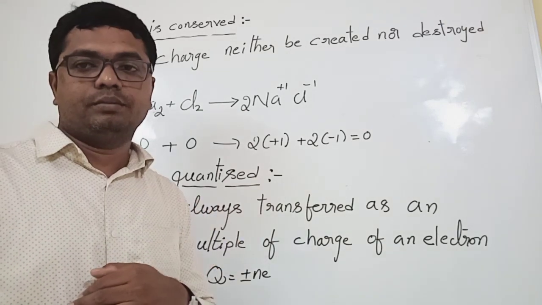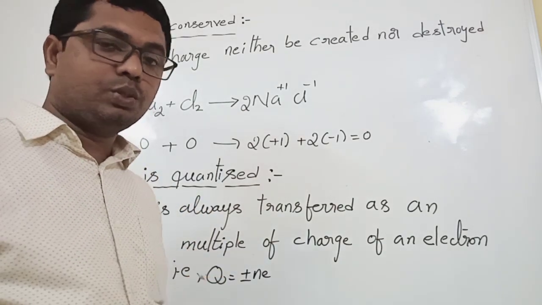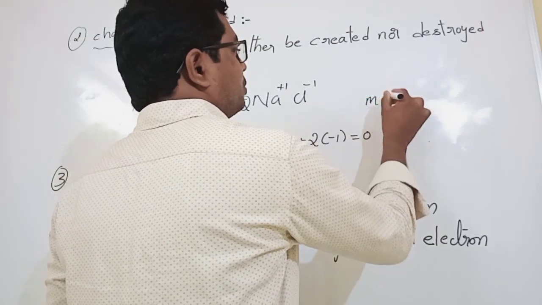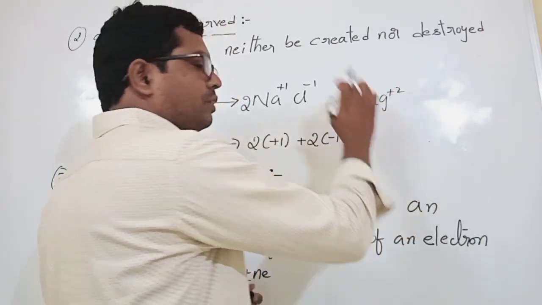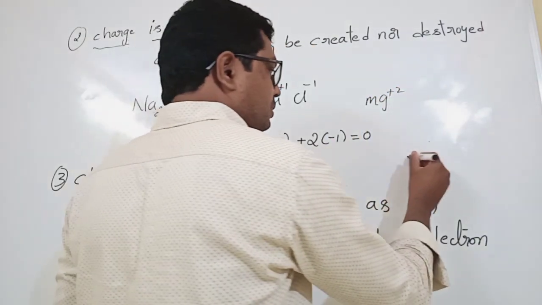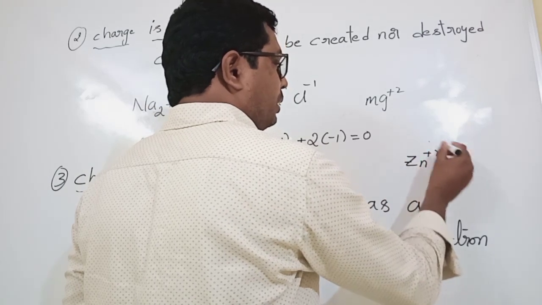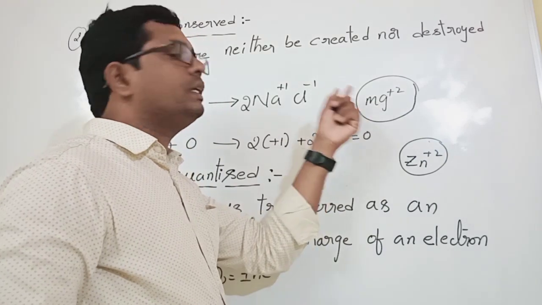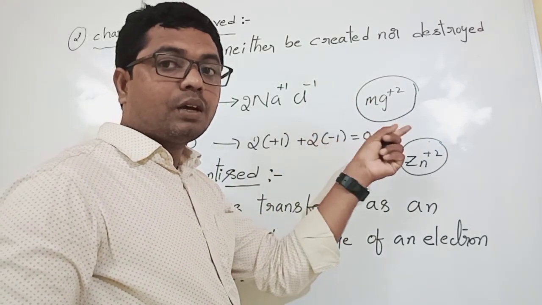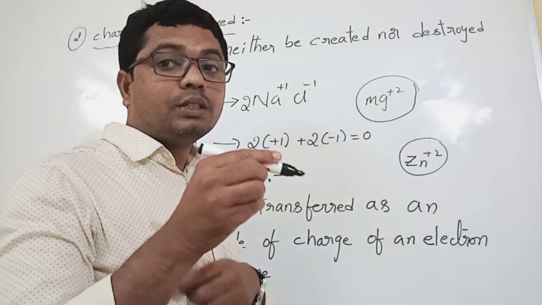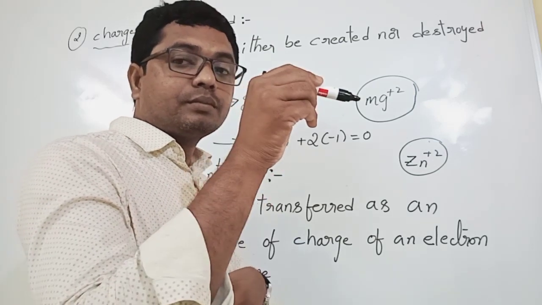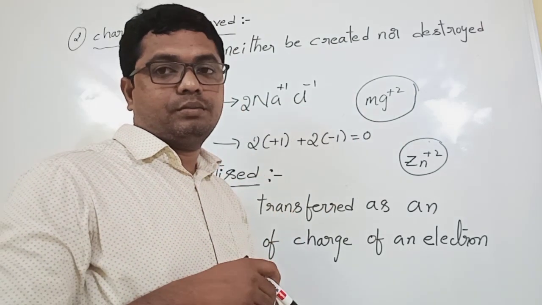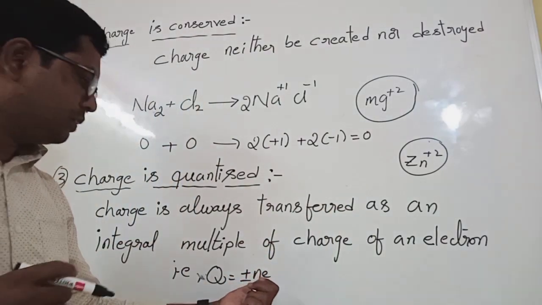Magnesium is Mg plus 2, which means 2 electrons were lost. Zinc plus 2 also means 2 electrons were lost. Every time you express the charge as an integral multiple of the charge of an electron. The charge of an electron is the basic charge, which is e.